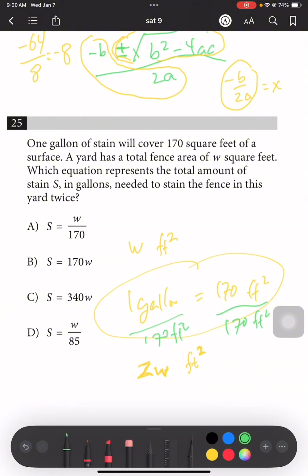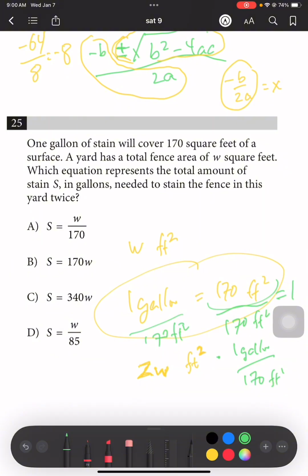And then this should equal 1. Same thing over same thing, something over itself, is equal to 1. Now, we're going to put this factor here, which is 1 gallon over 170 feet squared.